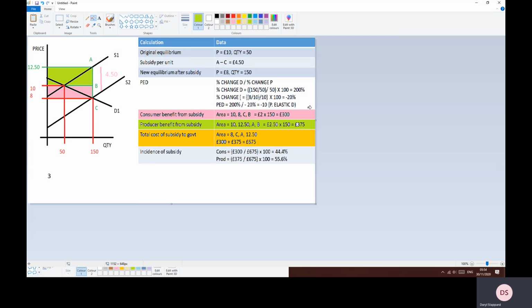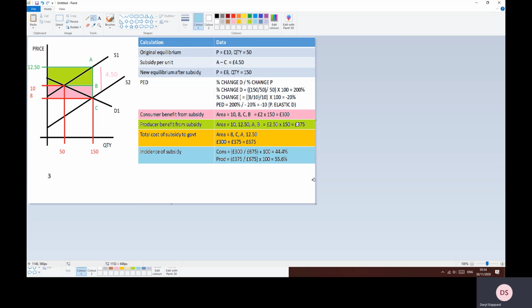So what happens now then? When demand's elastic and we look at the incidence of the subsidy at the bottom, we can see in blue the consumer will benefit from £300 out of that £675 in total. That's 44.4%. The producer will benefit from the remaining 55.6%.